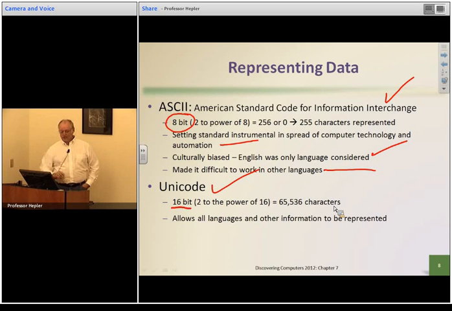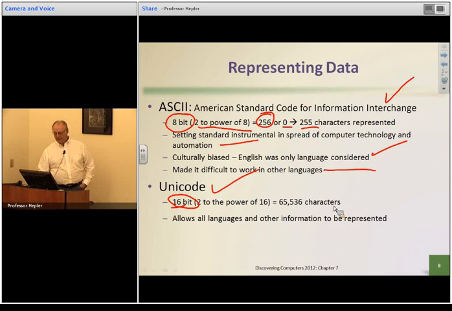It uses 16 bits, or double the bits that ASCII used. By the way, you can work out 8 bits: 2 to the power of 8 is 256. And since computers start counting at 0, the ASCII code set goes 0 to 255.